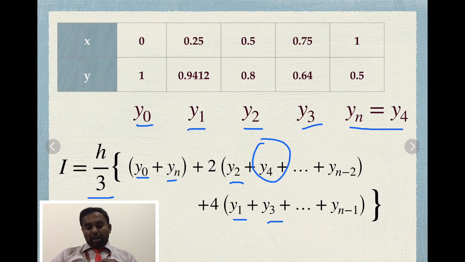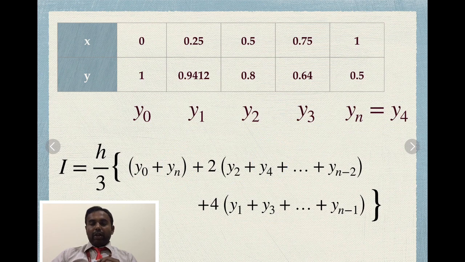Now, of course, one might be thinking, why did I skip this term? Okay, dear students, one thing you must observe here, y4 is our yn, and it is already used in this term. So every term will be used only once. We need not repeat it again. Understanding? In a very simple way, this formula can be remembered. When they say Simpson's 1/3 rule, one can make out that h by 3 is nothing but 1/3.